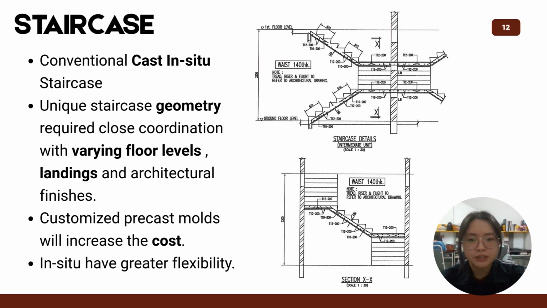Such customization would reduce the economic viability of prefabrication, particularly for a project of limited repetition. Additionally, in-situ construction allows greater flexibility in accommodating dimensional tolerances, alignment adjustments, and on-site modification during construction, which is beneficial where tight spatial constraints are present.